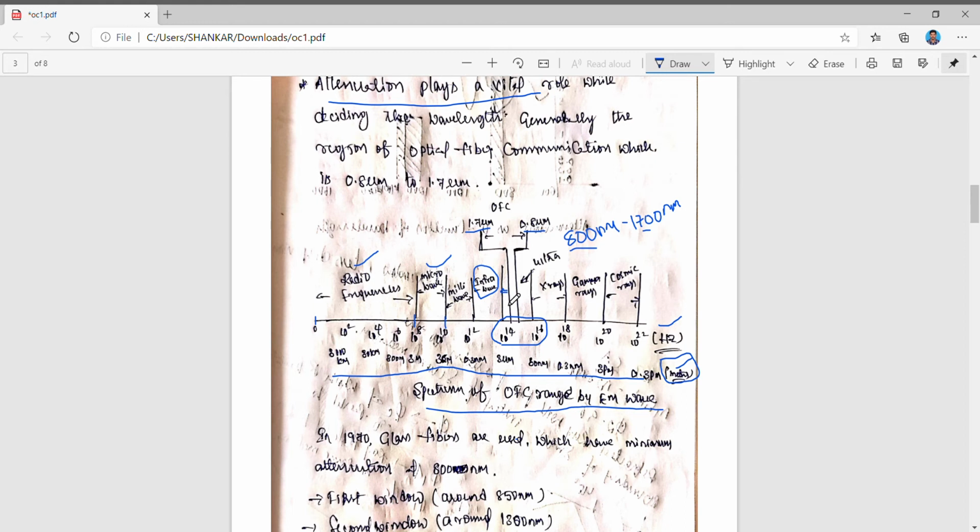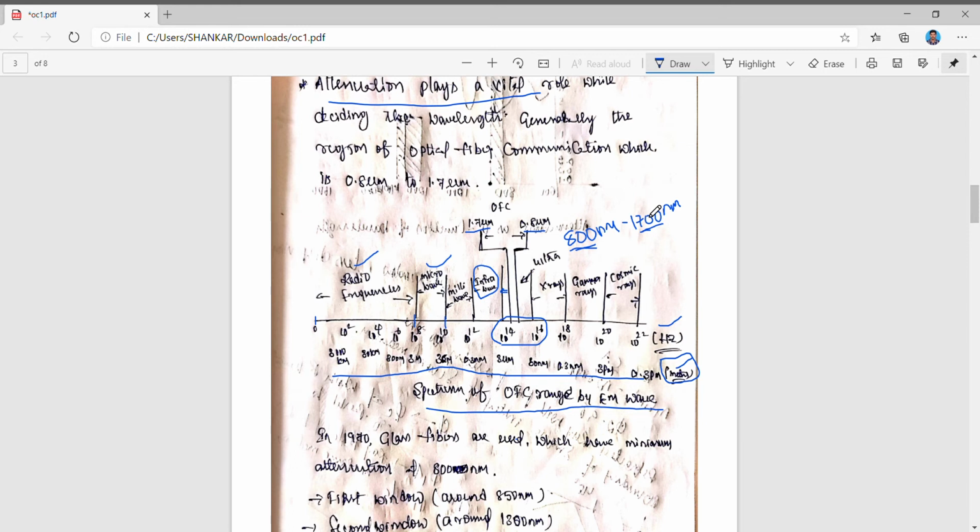The optical wave frequency band lies at 10 to the power 14 to 10 to the power 16. This frequency is represented in terms of meter ranges. The bandwidth of the optical communication system is 800 nanometers to 1700 nanometers, which is chosen as the optical communication window.